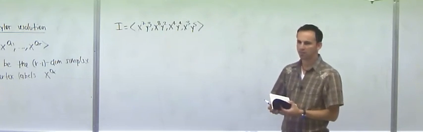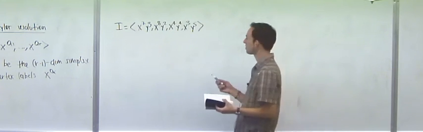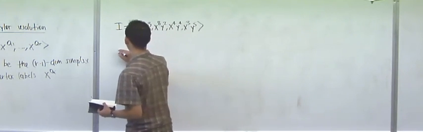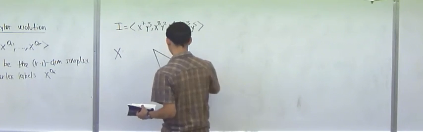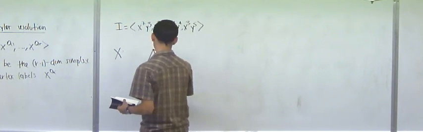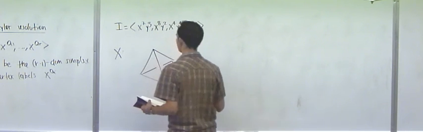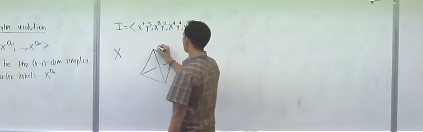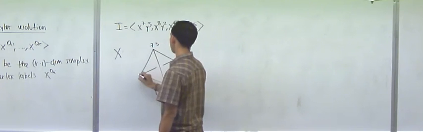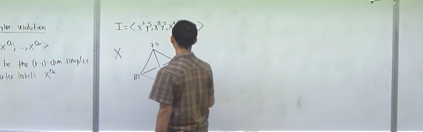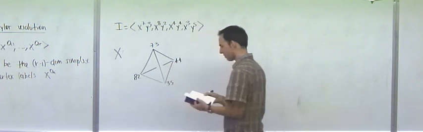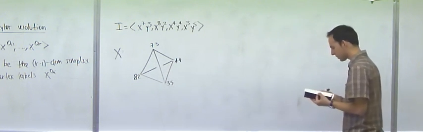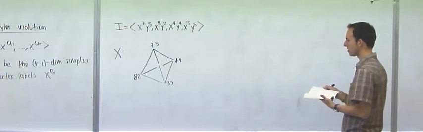In that case, I'm going to have 4 vertices, so I'm going to get a 3-dimensional simplex. Right? So X is going to look like this. It's just a simplex with labels like this: 7, 3, 8, 2, 4, 4, 3, 5, right?